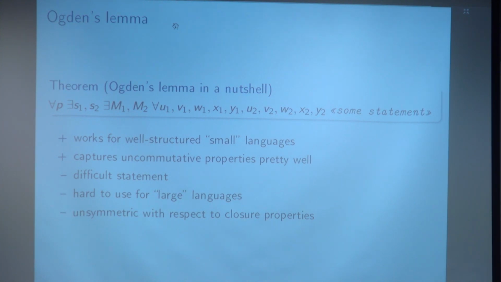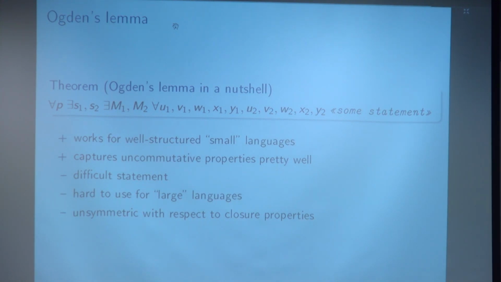This method works, but it has several negative qualities as well. It's a very difficult statement, as I said. It's hard to use for large languages, because it involves several choices which we in the end want to lead to a contradiction. But there is no contradiction if in the end almost all words are in the language, in a sense.